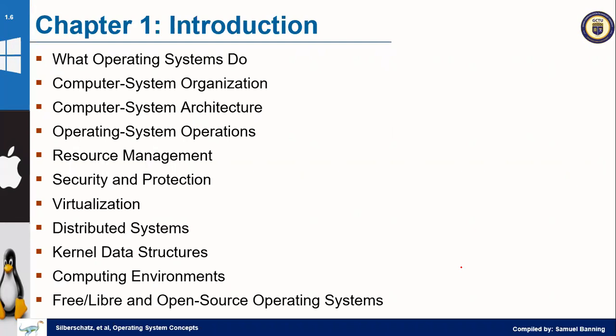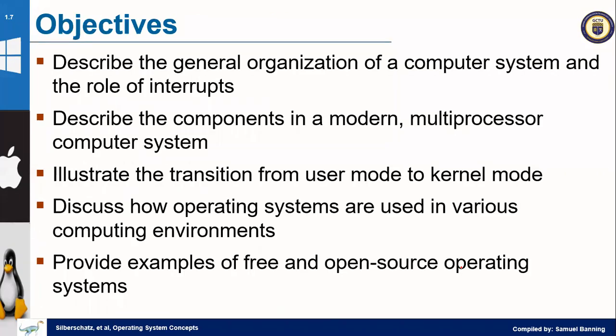We look at resource management, security and protection, and virtualization. Depending on time, if we still have more time, we'll continue with distributed systems, the kernel data structure, computing environments, and we'll mention a few of the free open source operating systems.